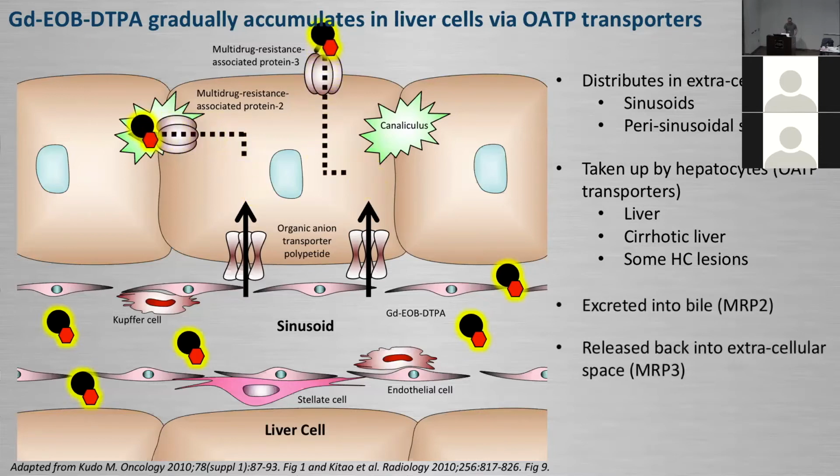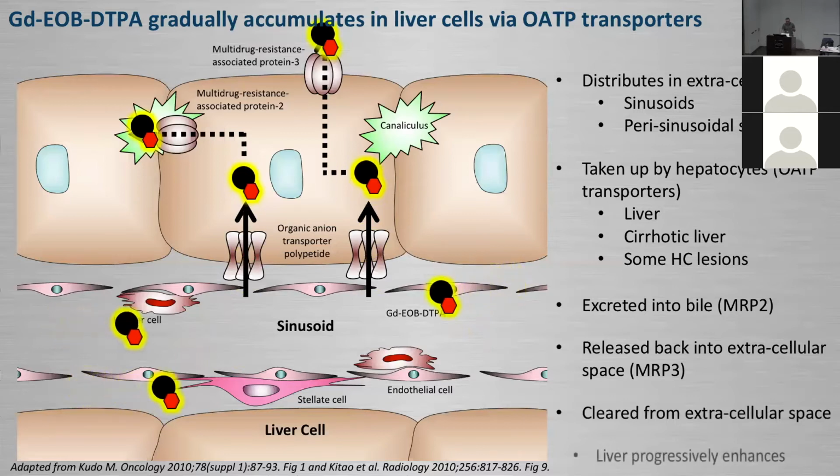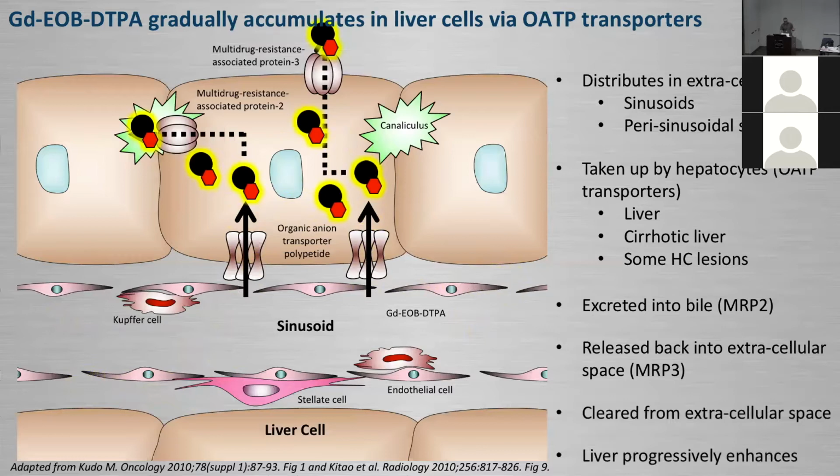Now, then this contrast agent will be excreted either back into the sinusoid via MRP3 or excreted into the bile ducts by MRP2. And over time, as more and more of the contrast agent gets inside the liver cells, it gets cleared from the extracellular space until eventually most of the contrast agent is either in the liver cells or in the bile ducts, or it's nowhere else, right?